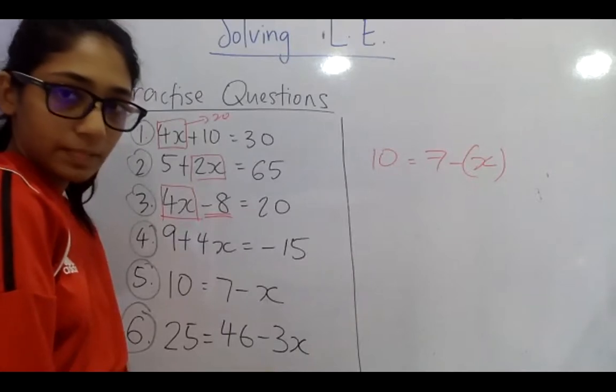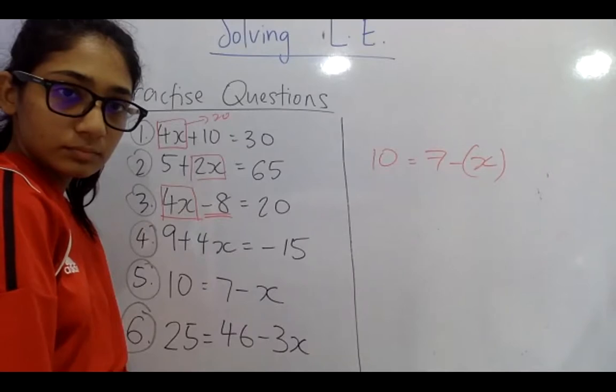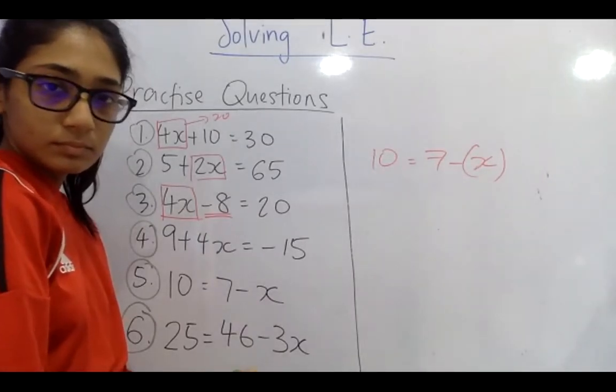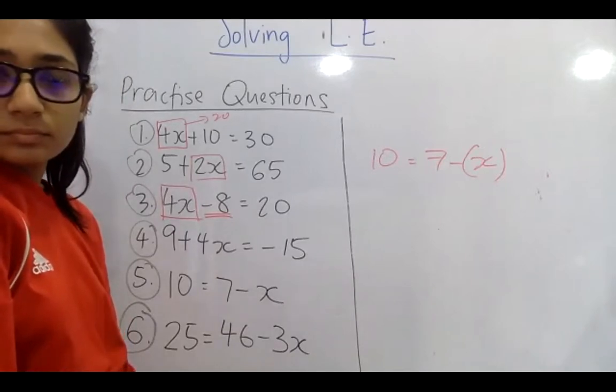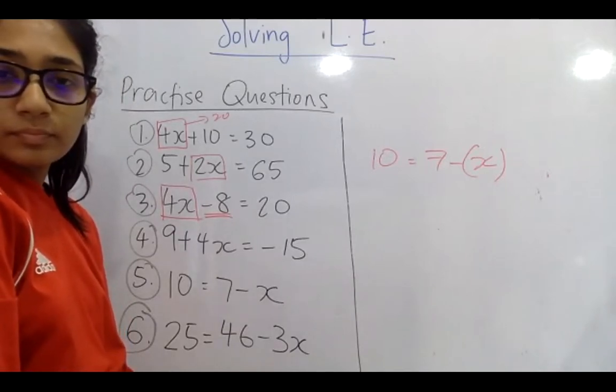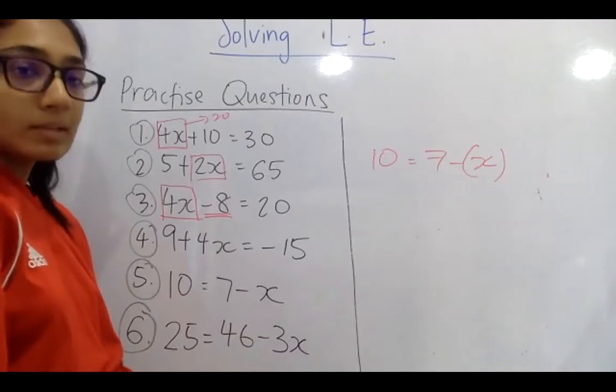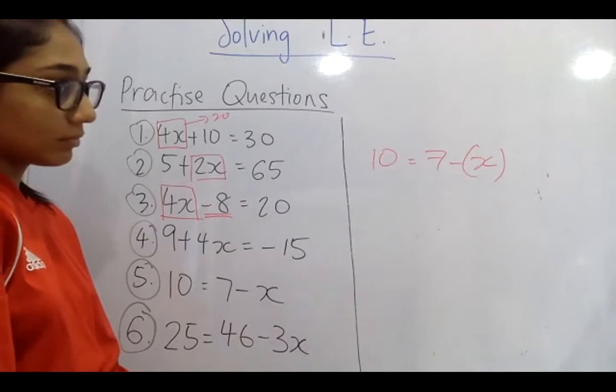But since there's no number next to x, you can just leave your answer as 17. So in the end, the full equation will be 10 equals 7 minus 17. So x is 17. But 7 minus 17 is negative 10, not 10.